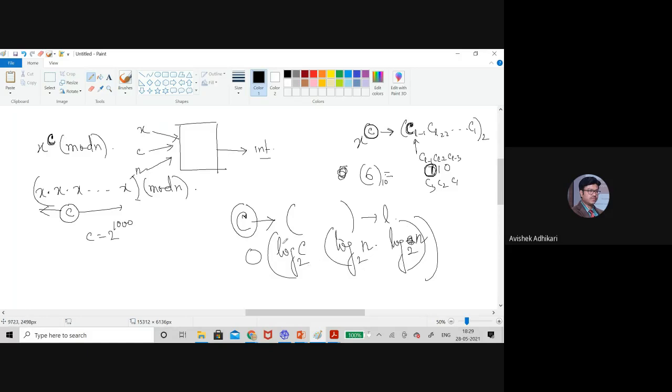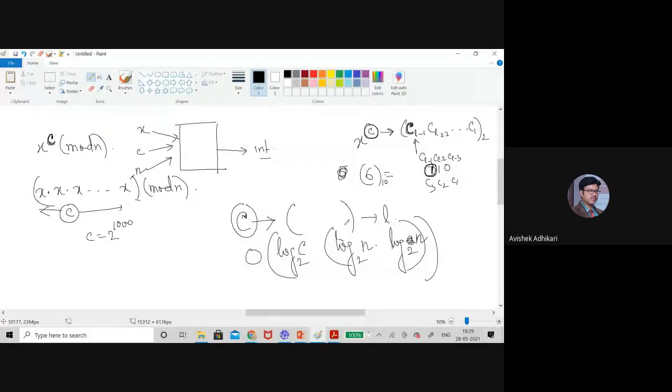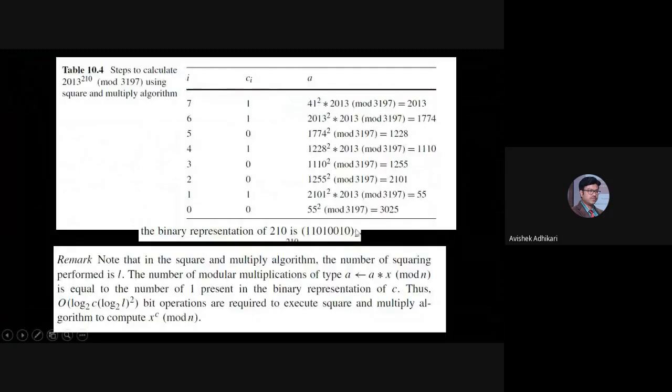Still, this is polynomial time with respect to c. Is the algorithm and the complexity analysis clear to all of you? So this is log c into log n whole squared, and this is also a polynomial time algorithm.